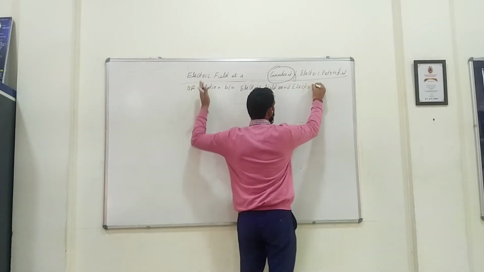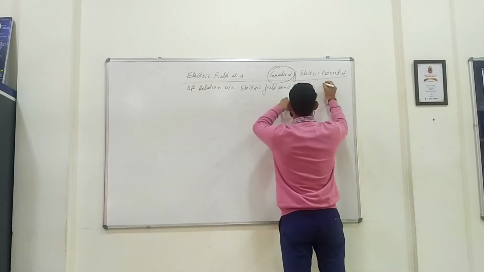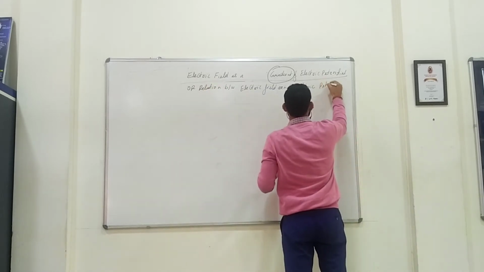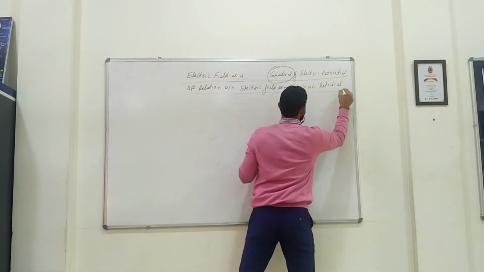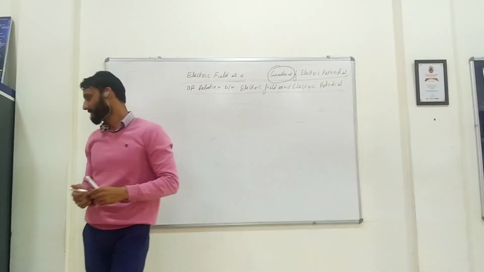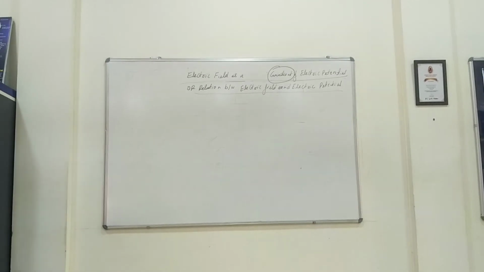So this gives us the relation between electric field and electric potential. I'll just explain how we reach that part, but you are not supposed to pay attention to the whole derivation. Just pay attention to the final result, right?